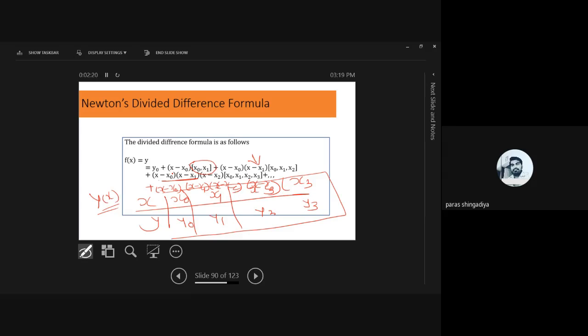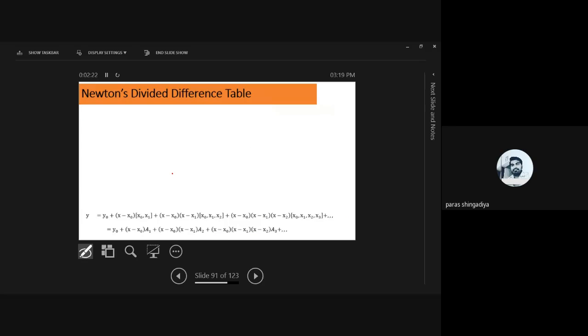Now this table is important, and based on this table we can define this formula. How we can define this table is important here. It is not similar to Newton forward as well as Newton backward. Clear? In Newton forward and backward, we just consider the differences y1 minus y0, y2 minus y1, y3 minus y2, and so on.